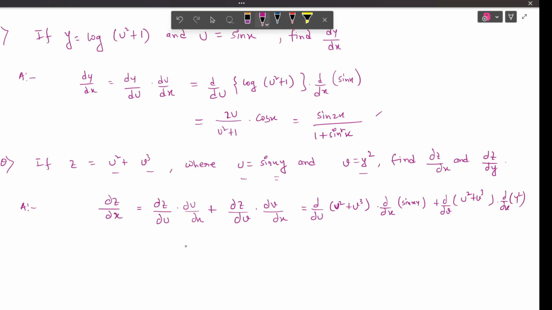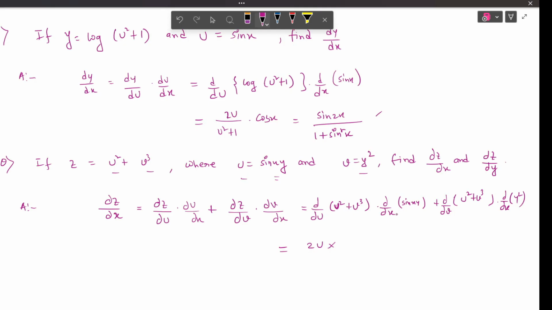Let's see what it would be. Differentiation with respect to u, partial derivative, here v is constant, so it's 2u, multiplied with the partial derivative of sine of xy.